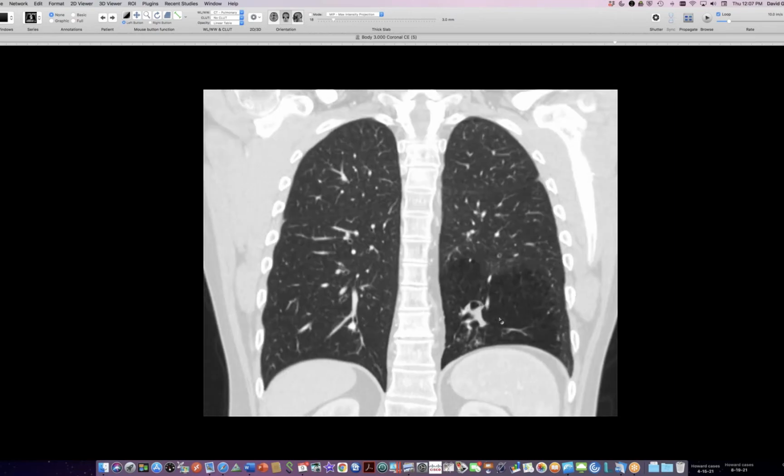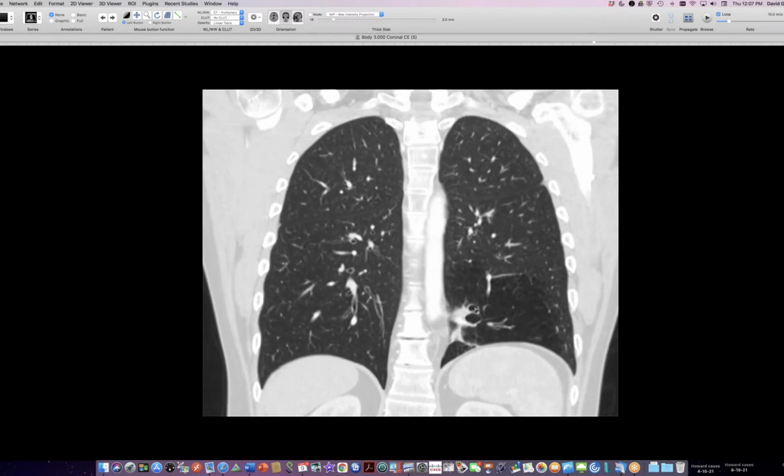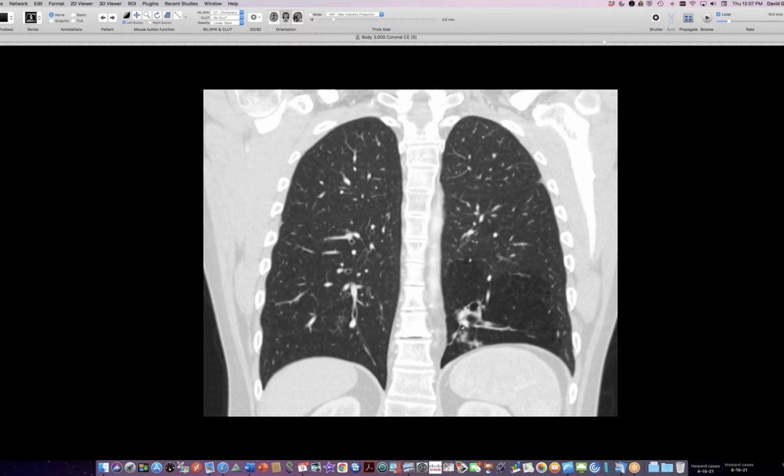So if there's a bronchial atresia component, or maybe this is really just a cystic component, it doesn't connect with a normal airway because it is sequestered. So maybe this is really just cystic stuff that we're seeing in here rather than bronchial atresia.